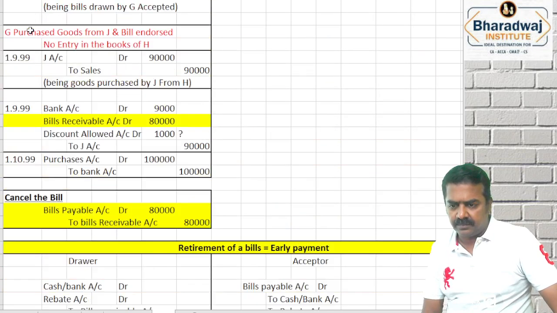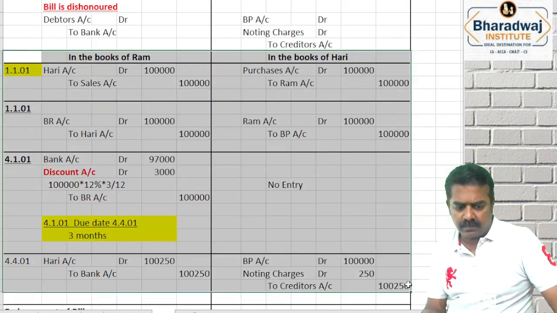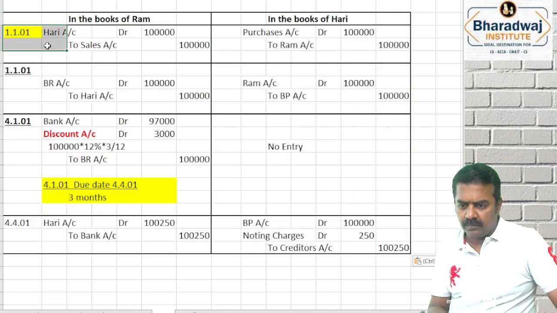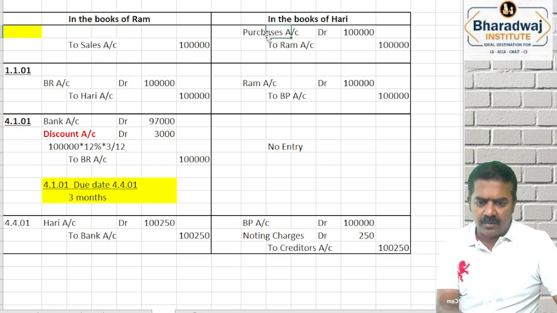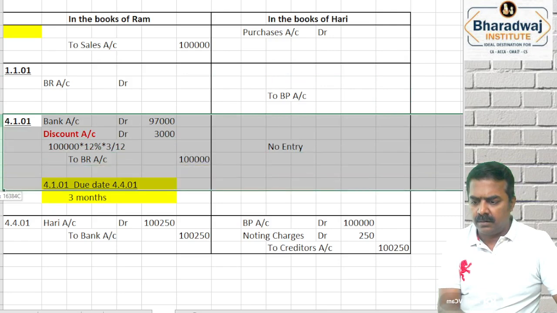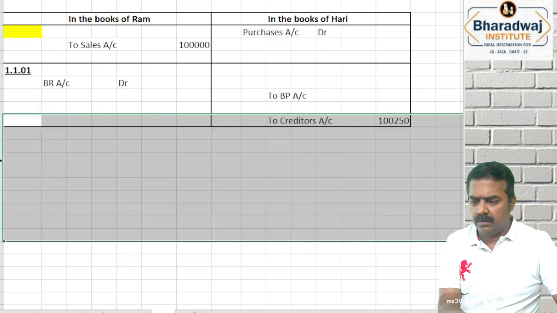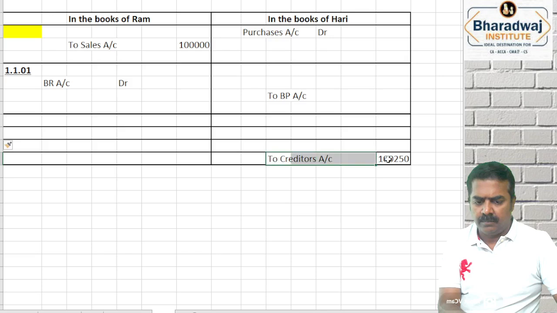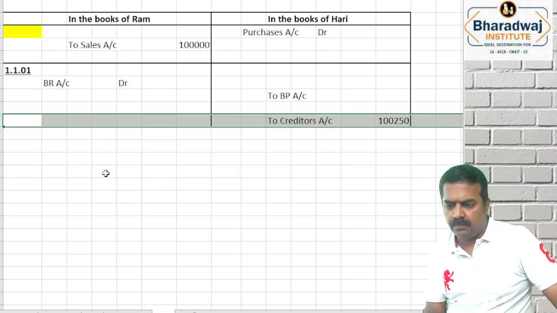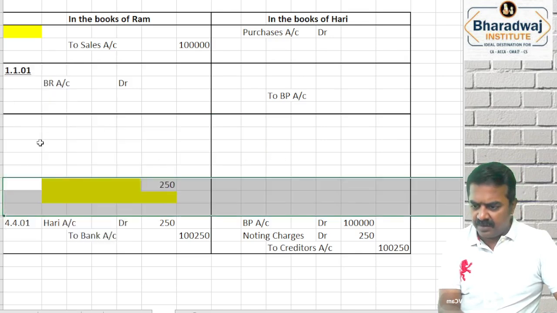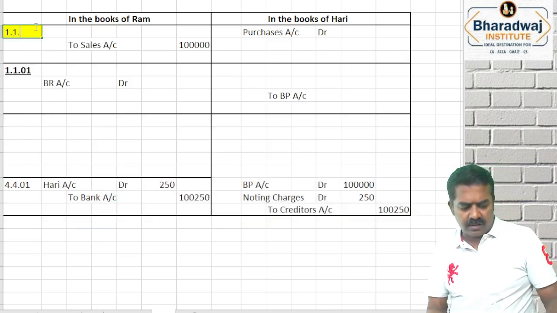Start. What is the entry you will pass? When is the first transaction happening? 1st January 97.